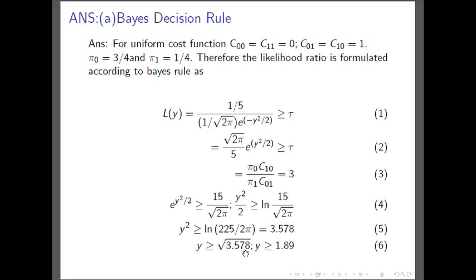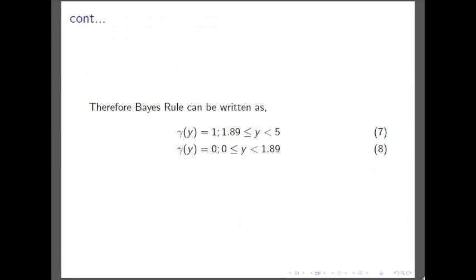On solving, we have y greater than or equal to 1.89. Therefore, the Bayes rule can be written as gamma of y is equal to 1 for 1.89 less than or equal to y less than 5 and equal to 0 for 0 less than or equal to y less than 1.89.